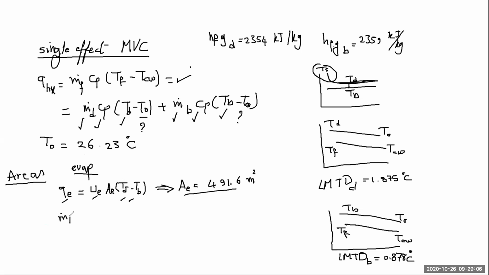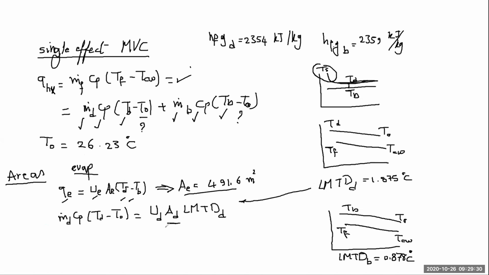m dot distillate into Cp into T distillate minus T naught. This is in balance with the overall heat transfer coefficient for the distillate, area of the distillate heat exchanger, into the log mean temperature difference of the distillate heat exchanger, which is this unit.